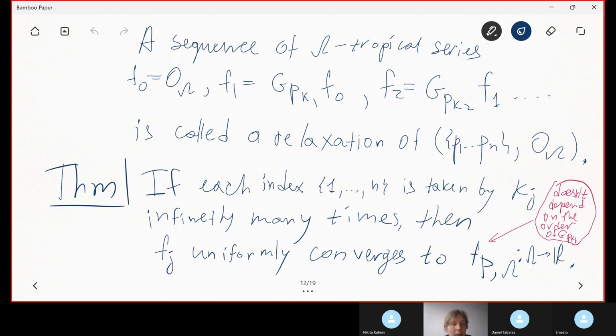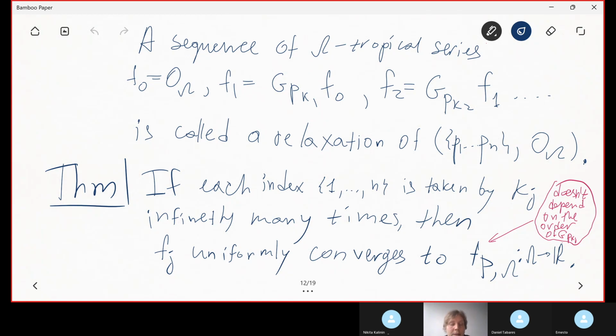Yeah, so if in this relaxation each point is taken infinitely many times, so we don't forget about the second point, we do it time and again, or the third point, etc. Then this sequence of omega tropical series converges to the function at least, Fp omega, and it converges uniformly, and Fp omega depends only on the chosen points and the domain omega, and it doesn't depend on a particular relaxation.